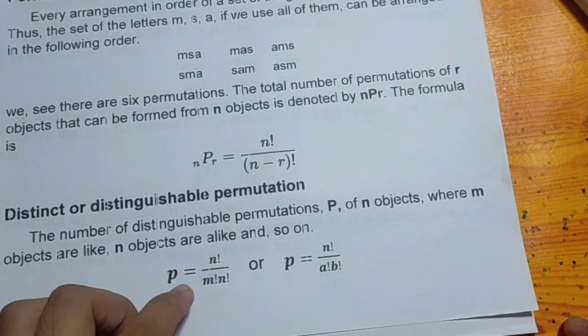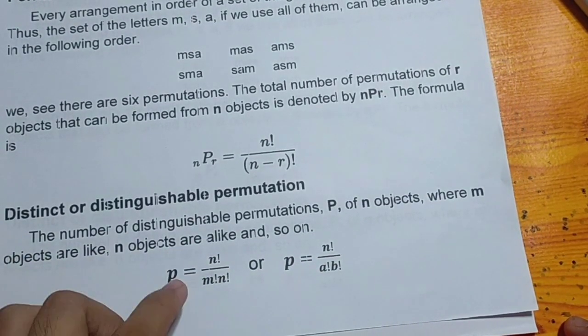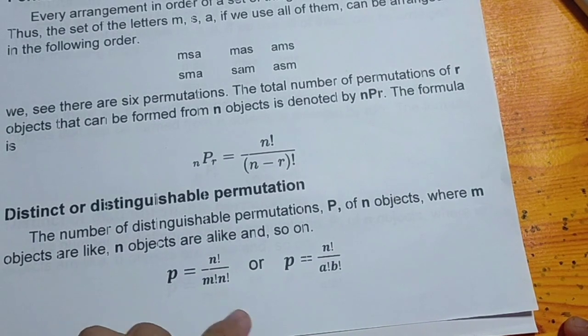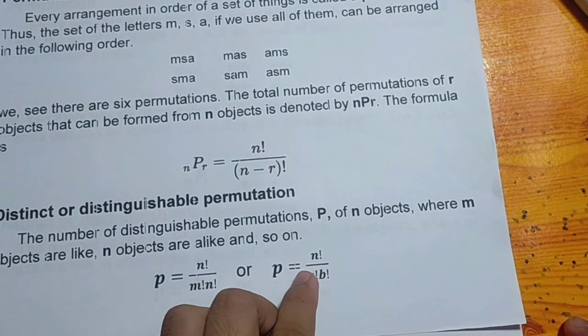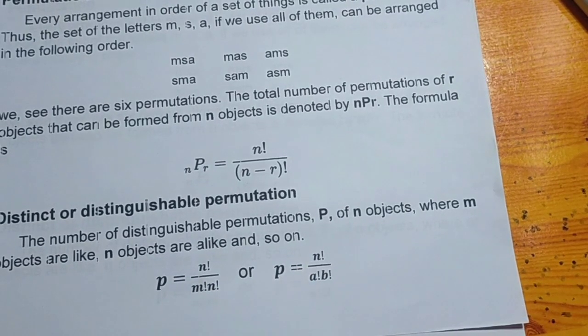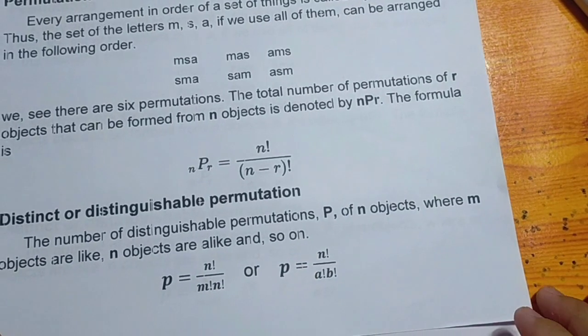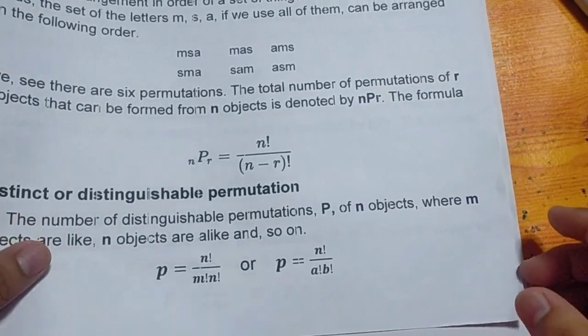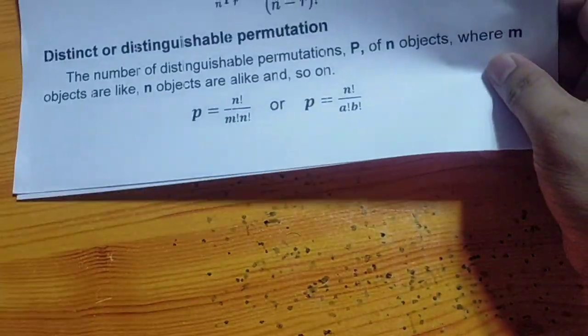So, P is equal to n factorial over m factorial n factorial, or P is equal to n factorial over a factorial b factorial. So, let's proceed now to the problems in distinct or distinguishable permutation.